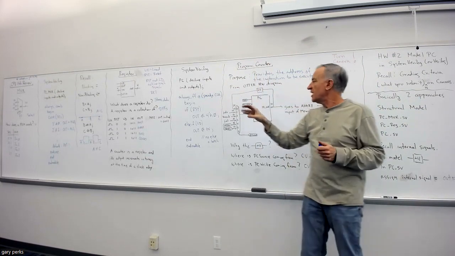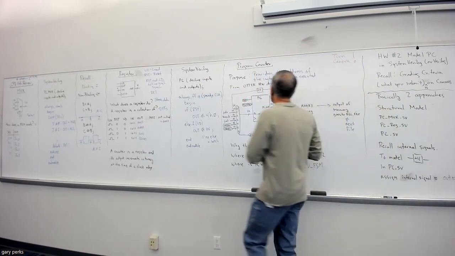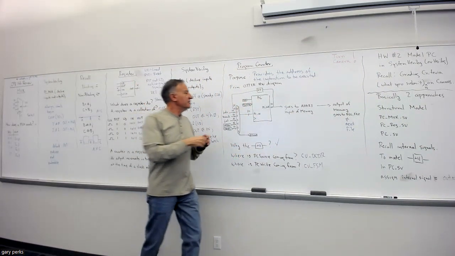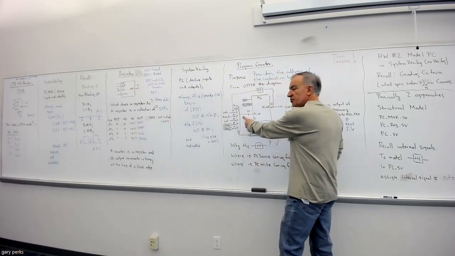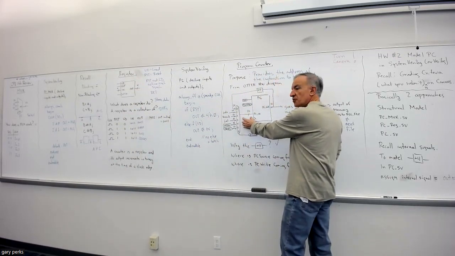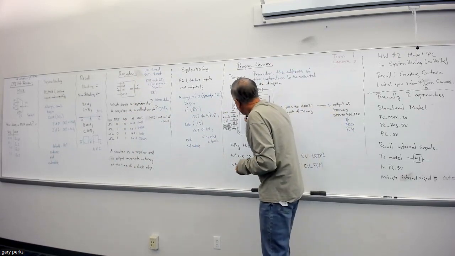But when you're doing a structural model, anywhere you're connecting lower level modules to each other, like here we're connecting the output of this MUX to the input of this PC, they're both lower level modules. So I need an internal signal.